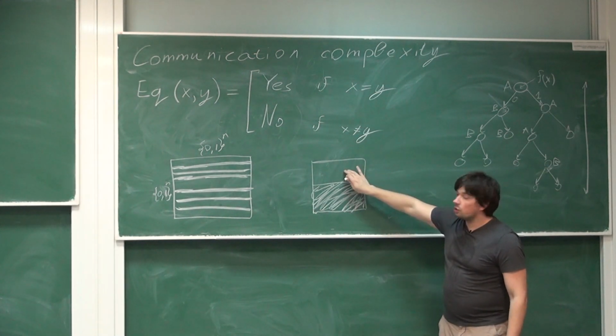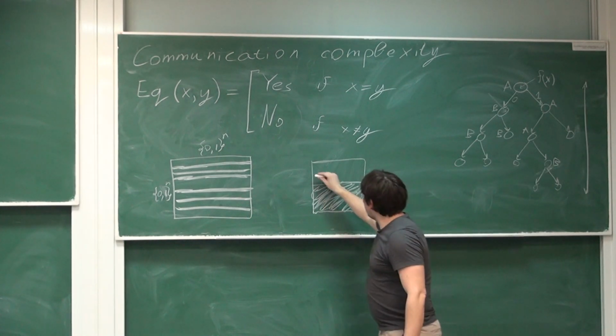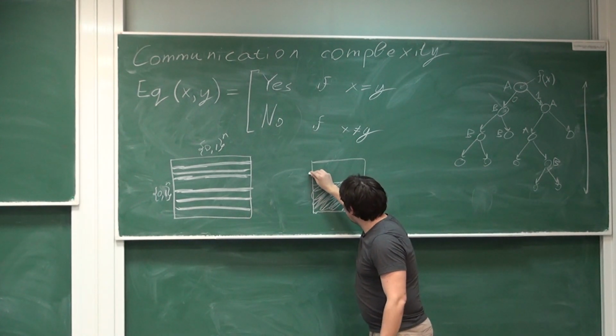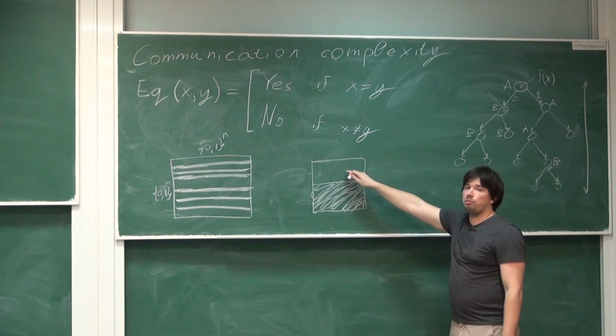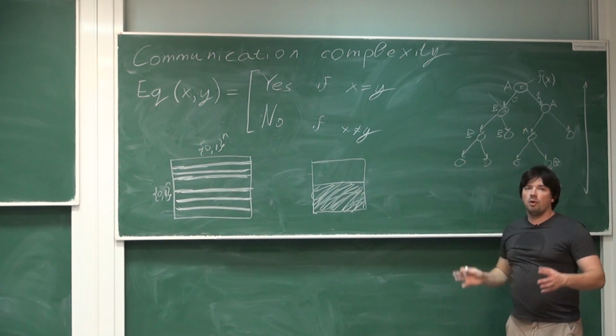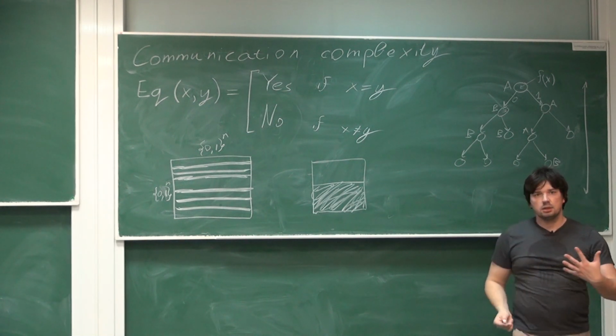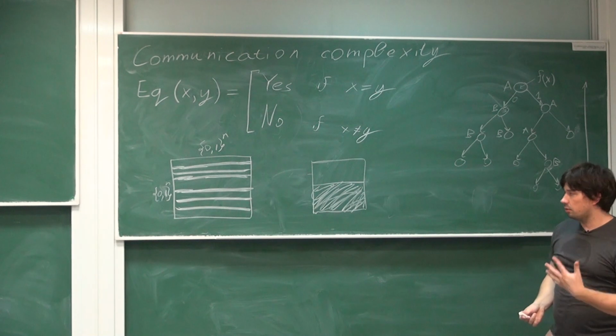So every input from the top part is such that on this input, the first message of Alice would be 0.